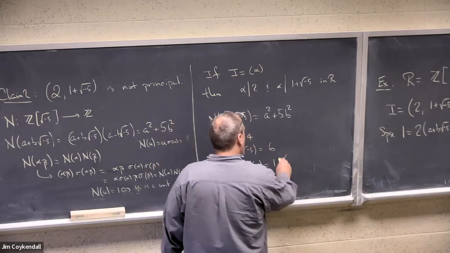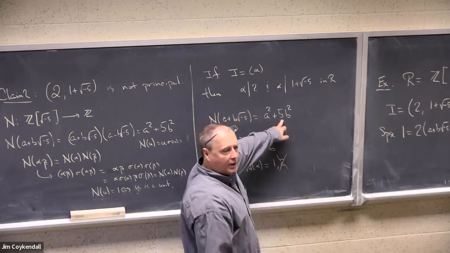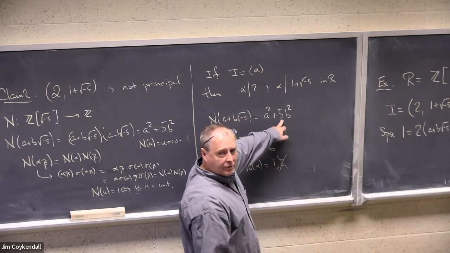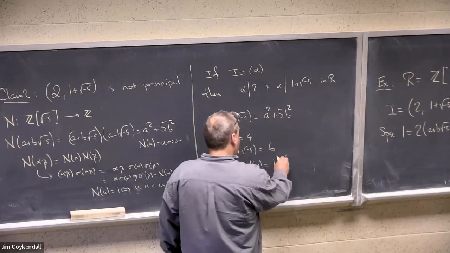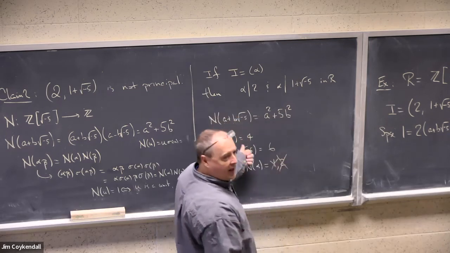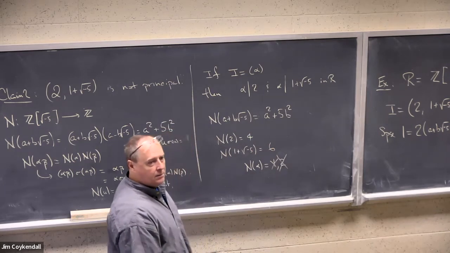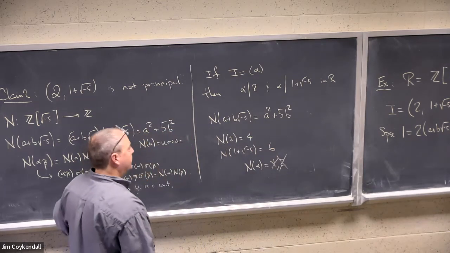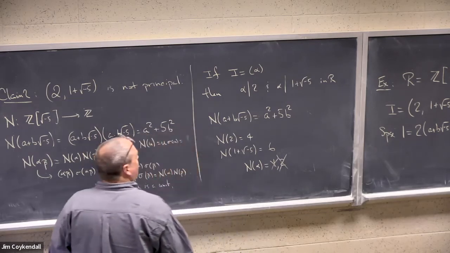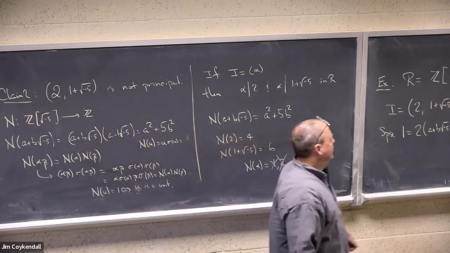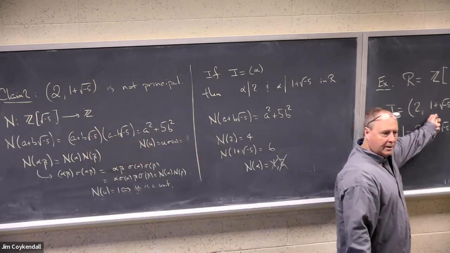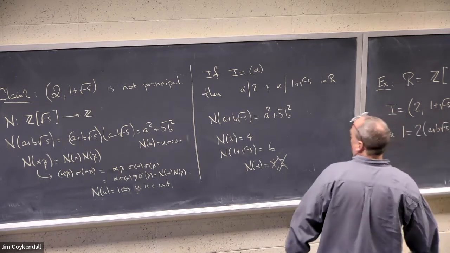But it can't be 2, because you can't write 2 as a square plus 5 times a square. And it can't be 1, because then alpha would be a unit, and we've already proved that this ideal is proper. So there you go.